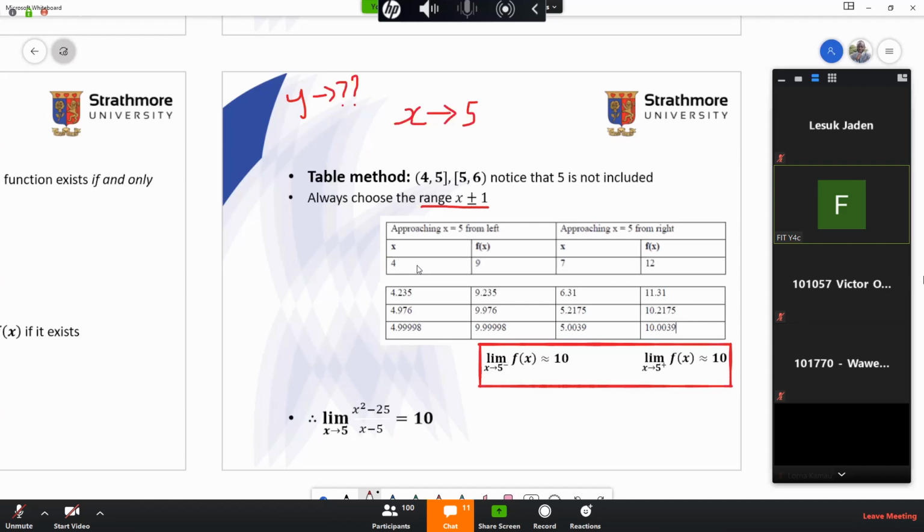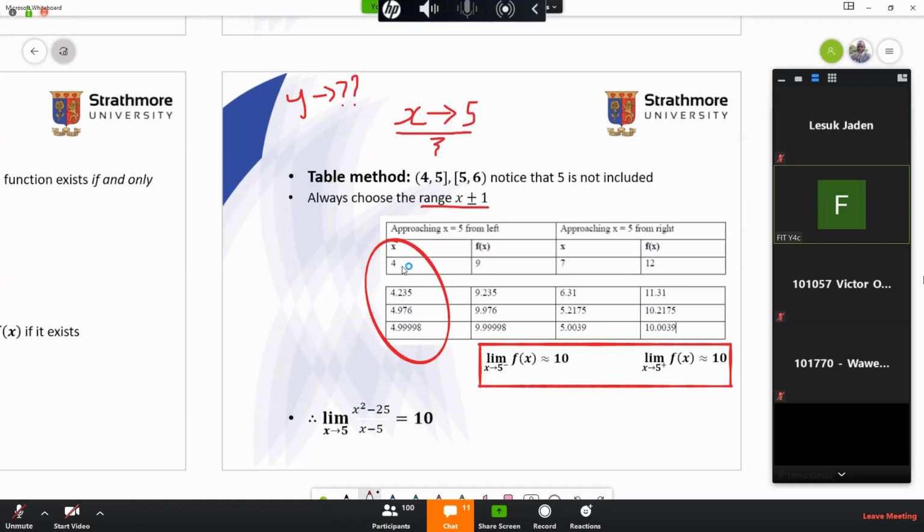So the easiest way is to do a table. These are the values of x getting closer and closer to 5. We started with 4, then 4.235, then 4.9, then 4.9999. This sign here means don't give it a 5. So it is the limit as x is approaching, but never getting to, 5.